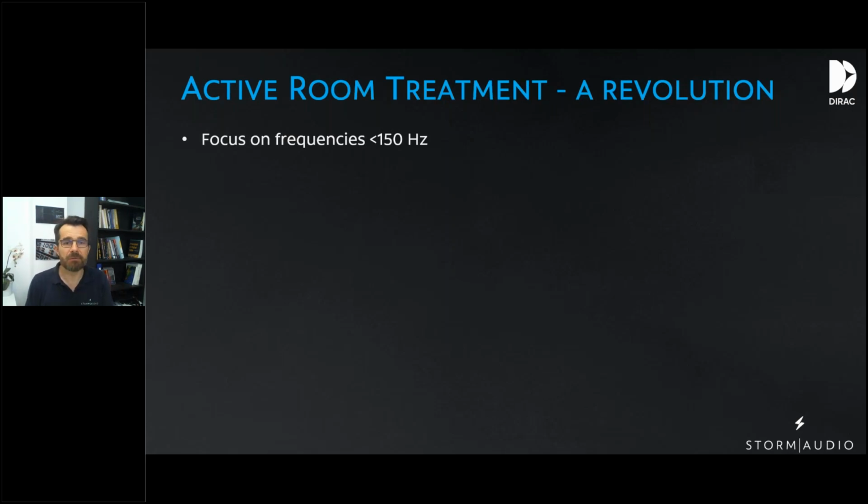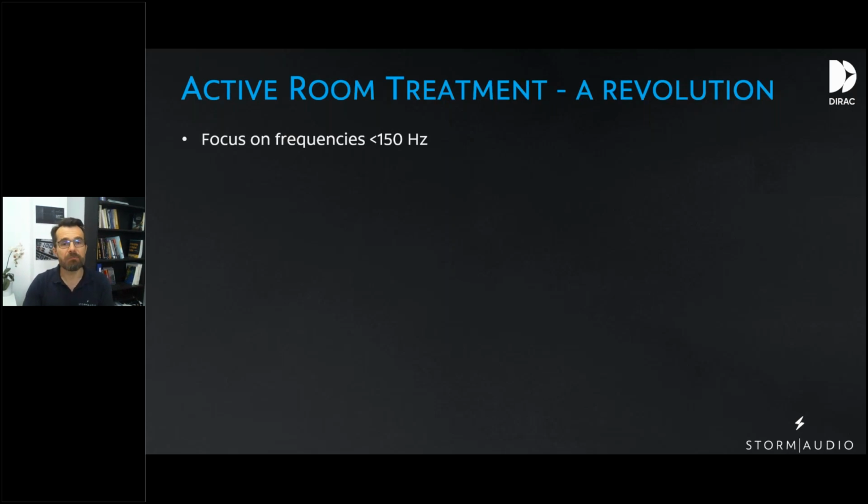You can easily use different absorbers and diffuser panels here and there in the room, placed in the right positions, to get good control of the decay time, the reverberation time and all that in your room. When it becomes difficult is under 150 Hz, and this is where the active room treatment is focusing its analysis and processing.